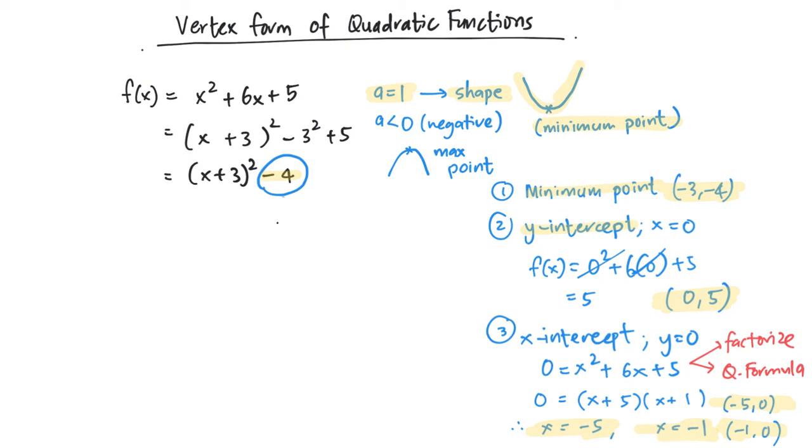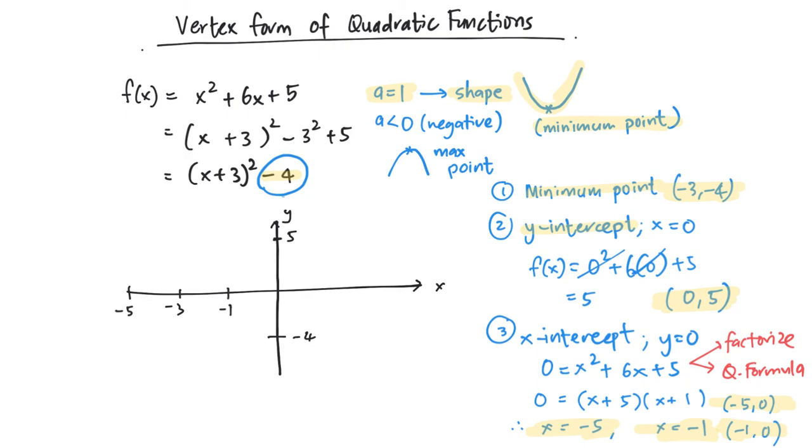More space. So we have x and y, or f(x), and we have negative 3, negative 4, somewhere here. Then 0, 5 up here. So this will be 5, and then it crosses negative 5 and negative 1. The negative 5 should be here and negative 1 should be here.